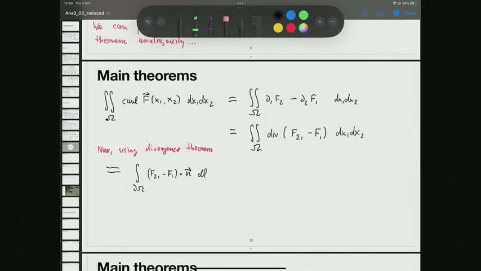But now I can multiply this out. I've got the integral over the boundary curve of F2 and n1 minus F1 and n2.